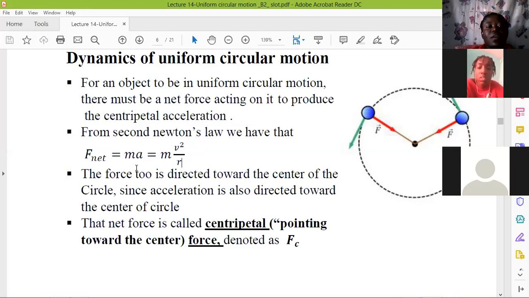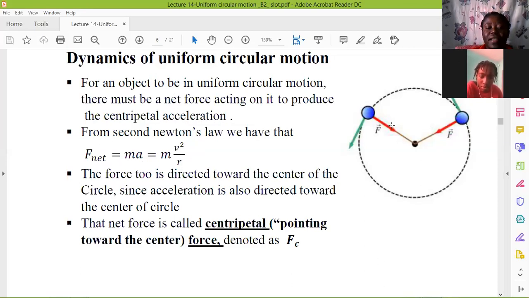Remember we said that force is a vector. If we consider the direction, force equals the mass times the acceleration, and the direction of the acceleration is towards the center.